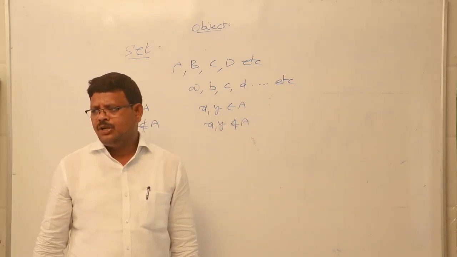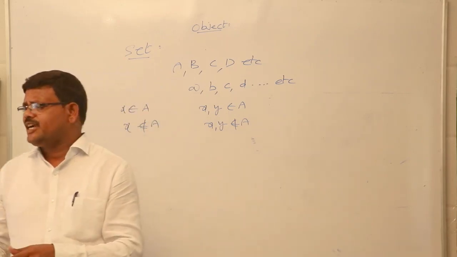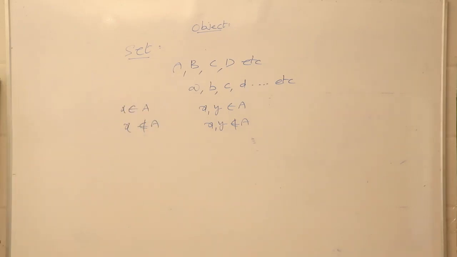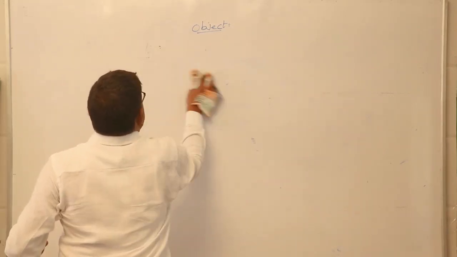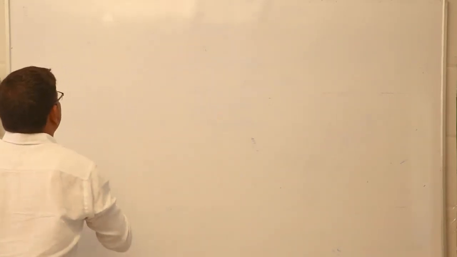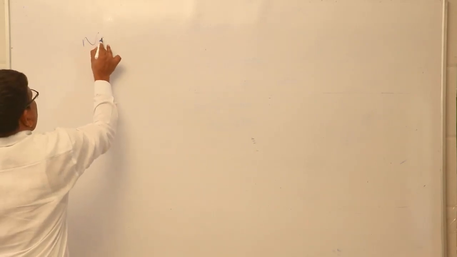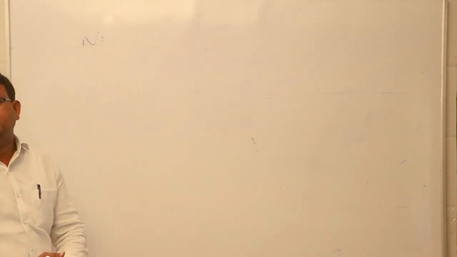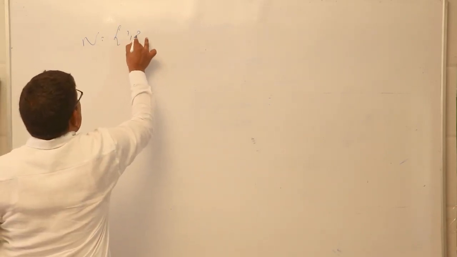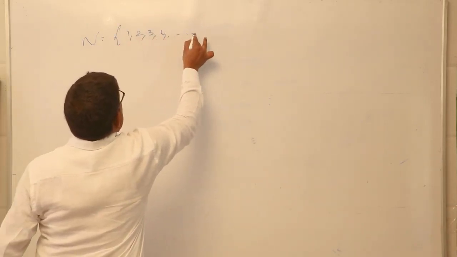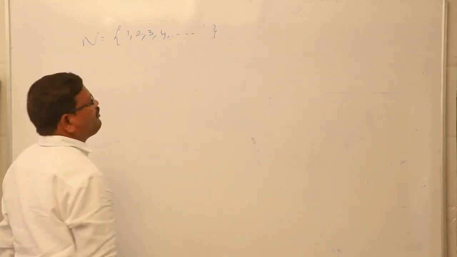So generally, some sets we use to represent regularly are, suppose, the set of natural numbers, which are generally represented with the numbers 1, 2, 3, 4 like this.